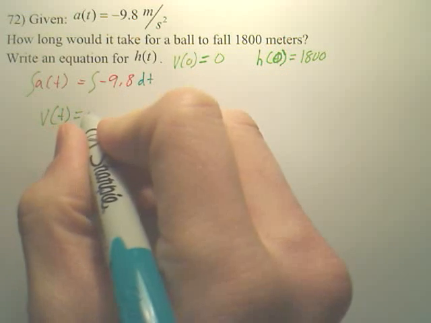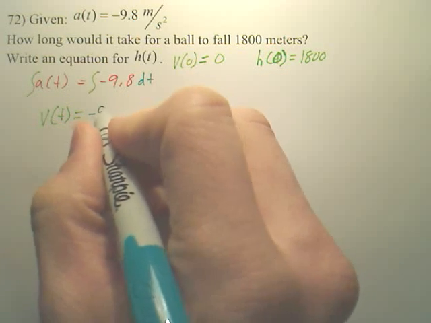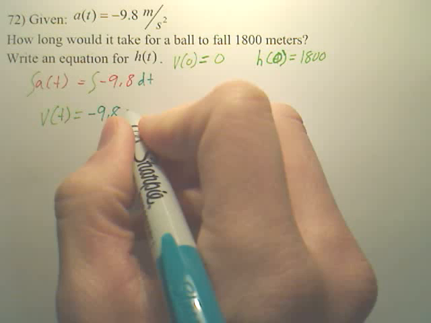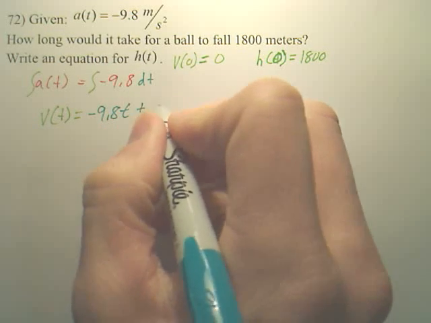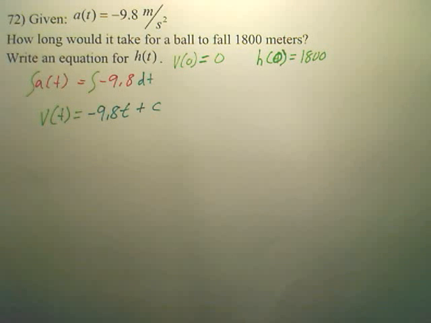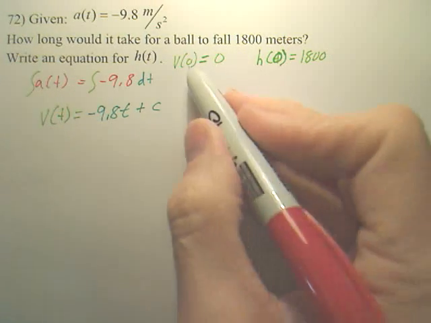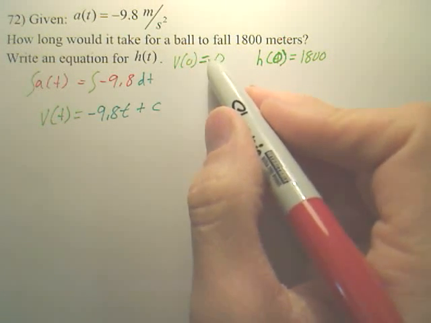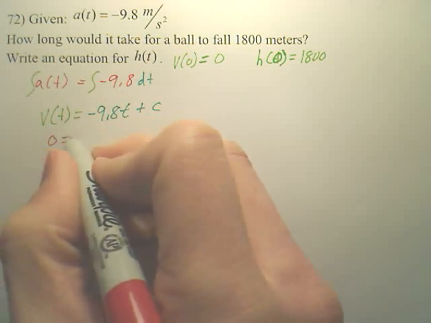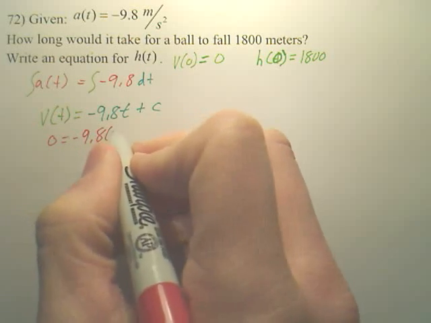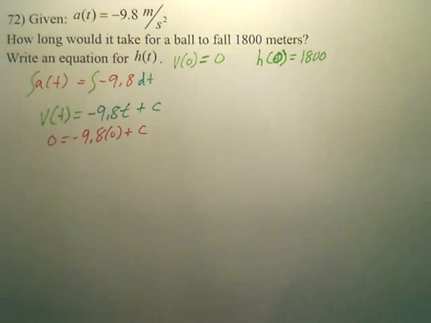But when you integrate this, you get negative 9.8 t plus c. Can I plug in 0, 0? When I plug in 0, 0 to find c, do you notice that c is 0?